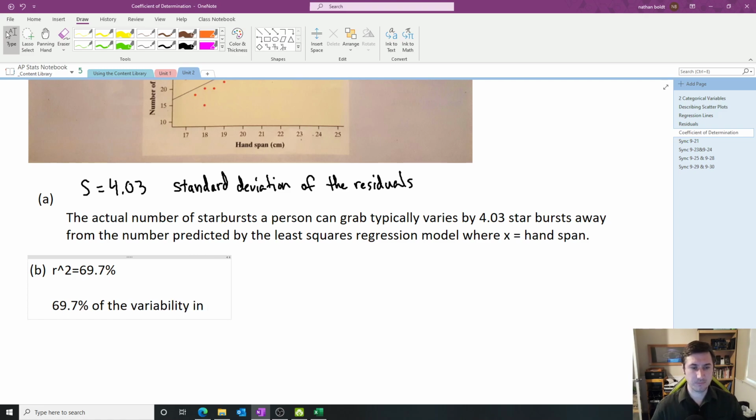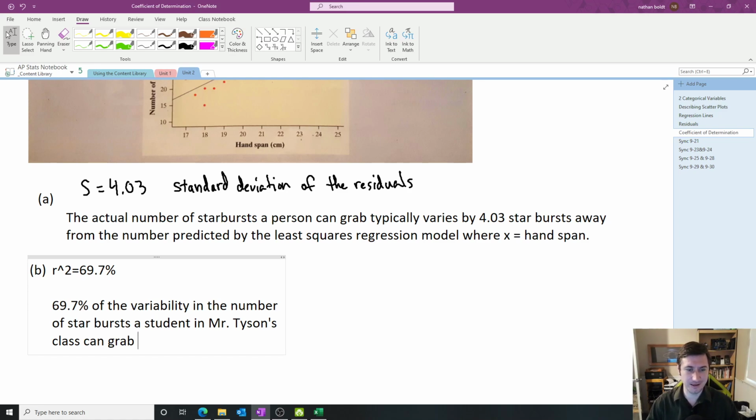in the Y variable. So I'm going to put the context for the Y variable: the number of Starbursts a student in Mr. Tyson's class can grab. So that whole thing was just the context.